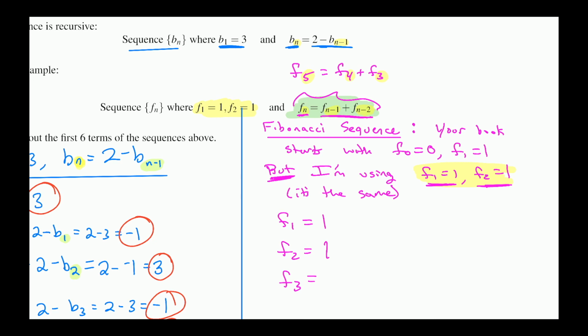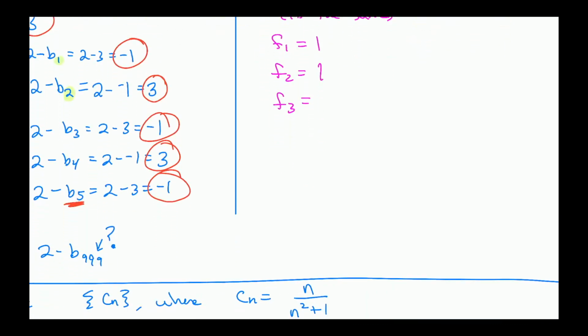So when we're calculating terms, it goes 1, 1, and then for F3, it's F2 plus F1. You just add these two together: 1 plus 1, which is 2. And how do you calculate F4?